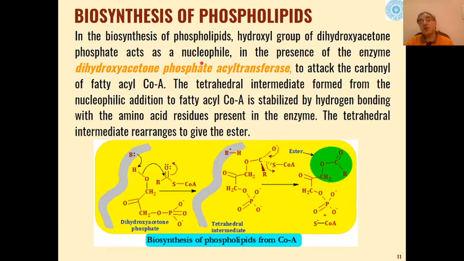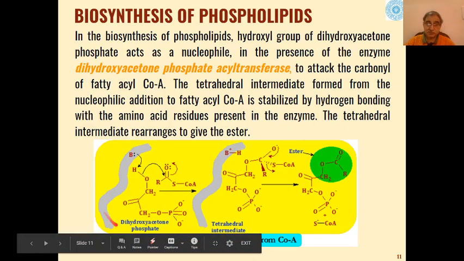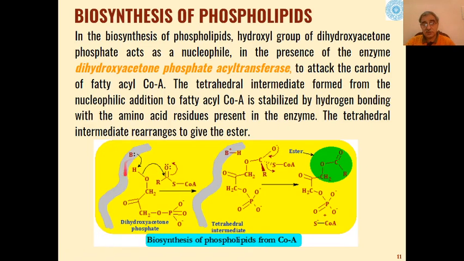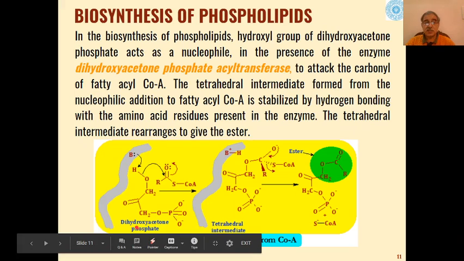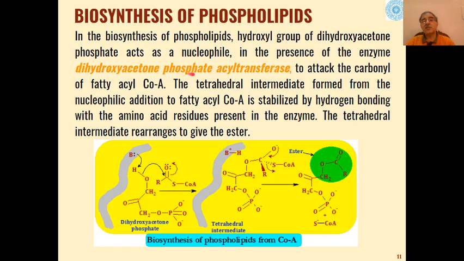Similarly, coenzyme A is also involved in biosynthesis of phospholipids. So what happens is here the substrate is dihydroxyacetone phosphate. This hydroxyl group of dihydroxyacetone phosphate will act as a nucleophile in presence of the enzyme dihydroxyacetone phosphate acyl transferase.